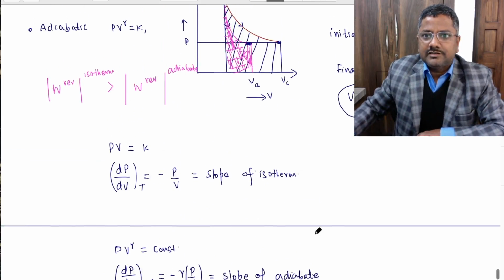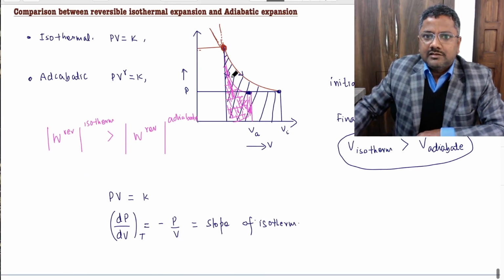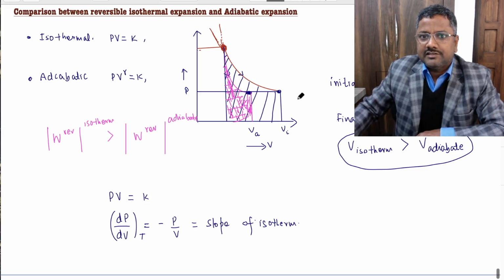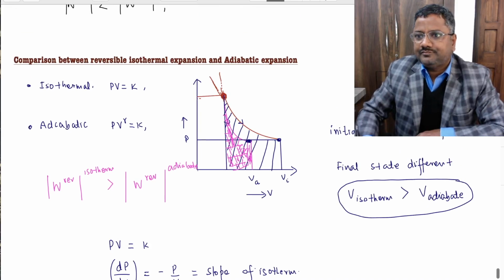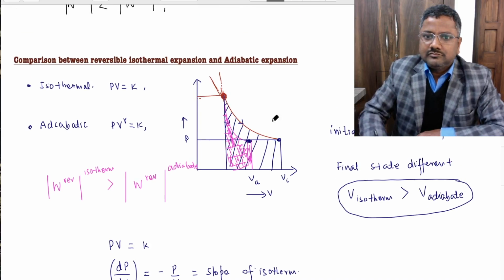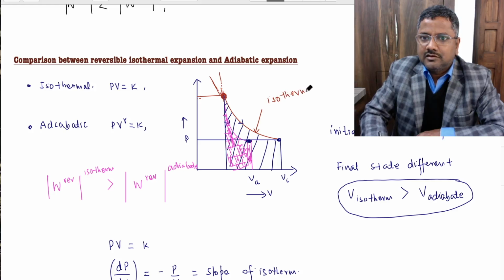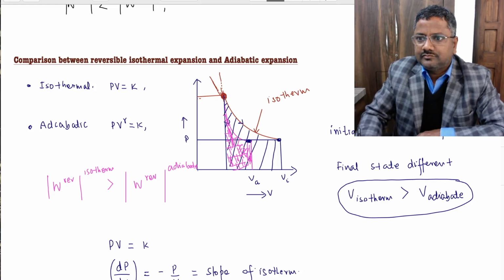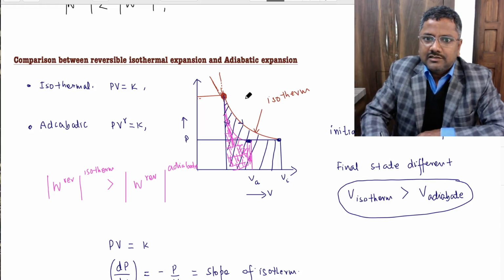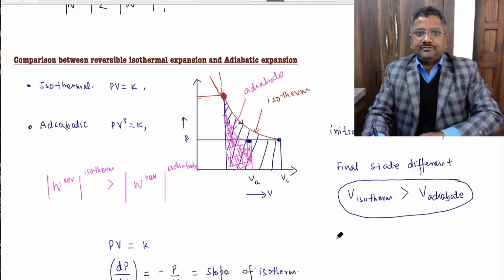You can see here this is gamma times the slope of this. This is the adiabat, this is the isotherm.